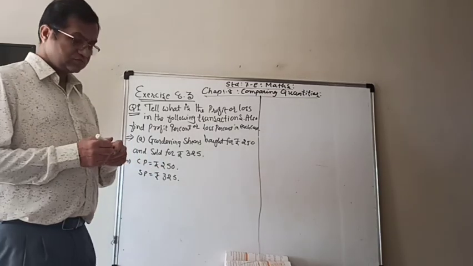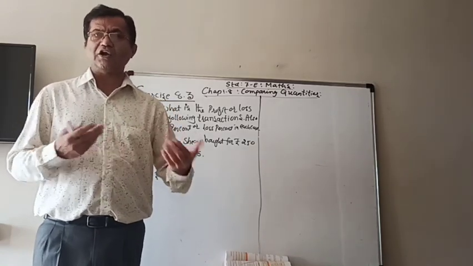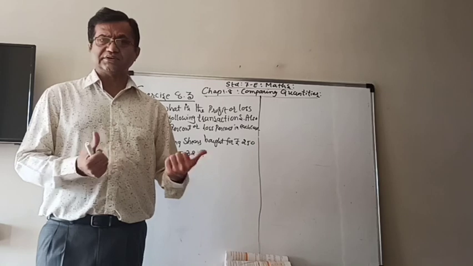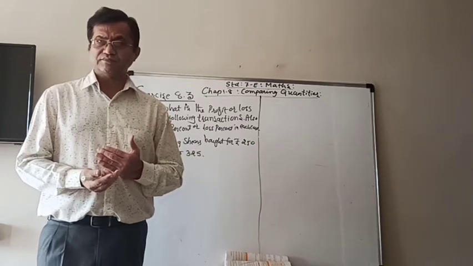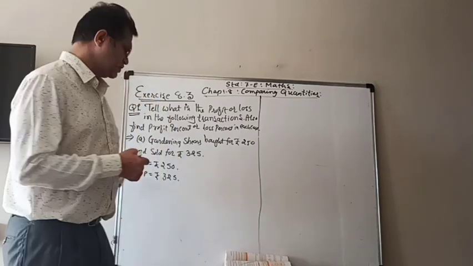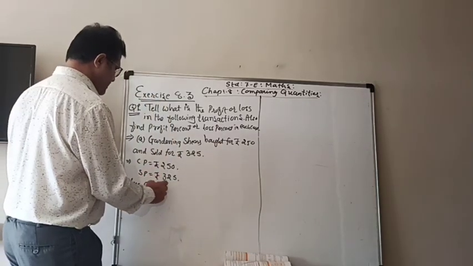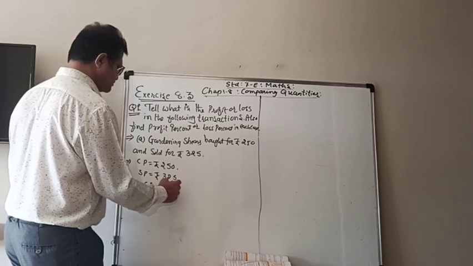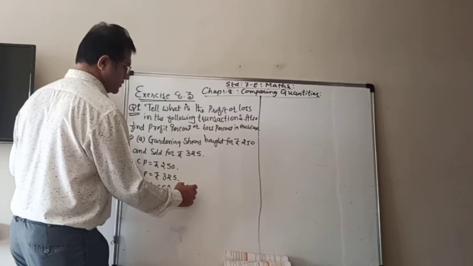Now here check whether it is profit or loss. We can see that CP is less than SP. It means that there is profit. So here CP is less than SP. Therefore, there is profit.